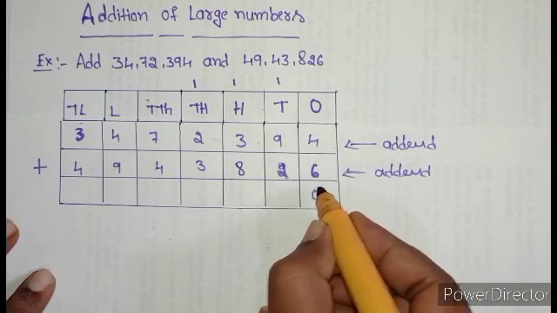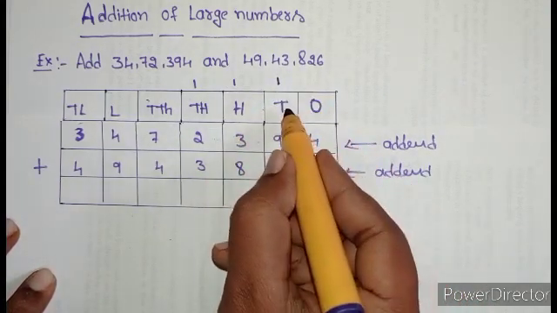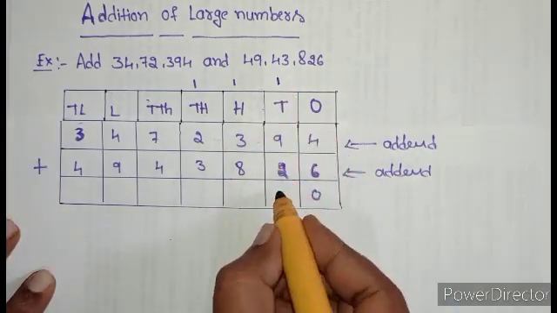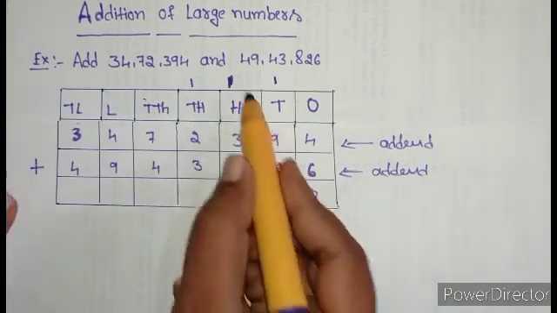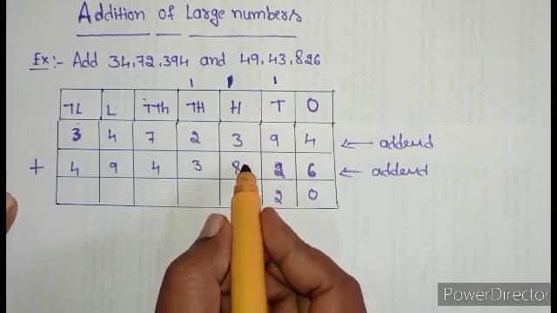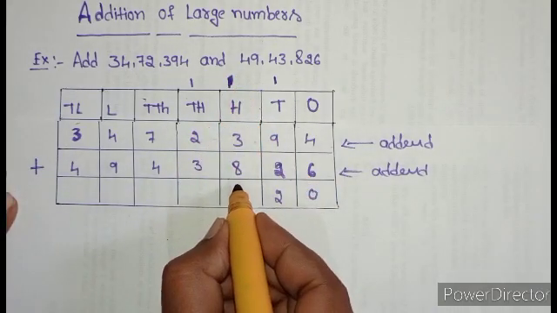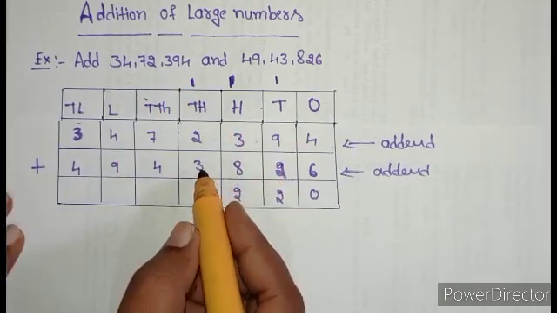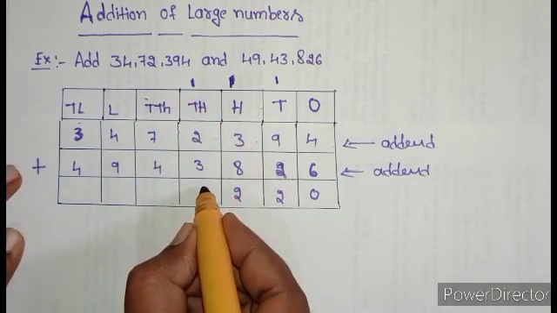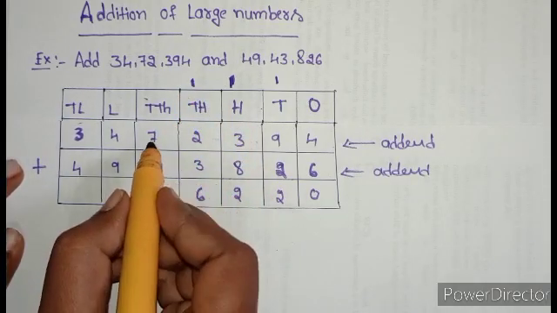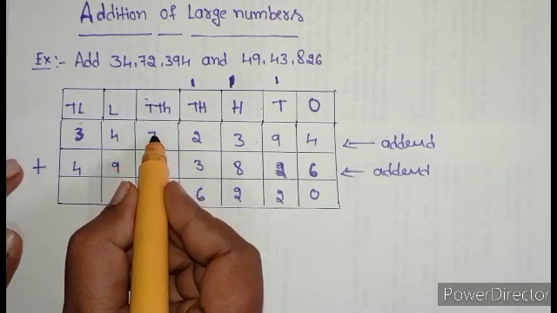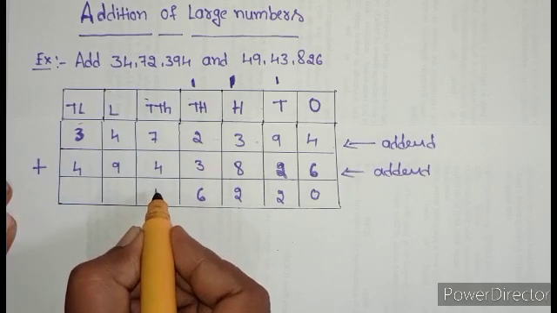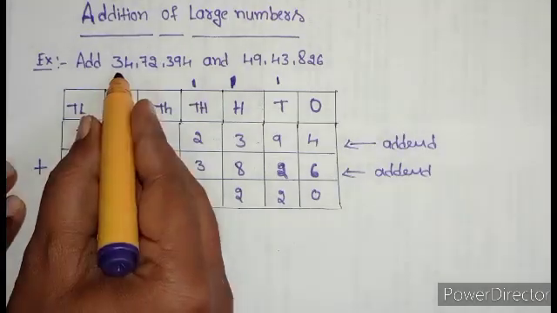Write 0 here, take 1 carry to the tens place, and 9 plus 2, how much? 11. 11 plus 1 carry is 12, write 2 here, again take 1 carry to the hundreds place. 3 plus 8, how much? 11. 11 plus 1 carry is 12, write 2 here, again take 1 carry to the thousands place. 2 plus 3 is 5, 5 plus 1 carry is 6, right, and move to the next, the ten thousands place.